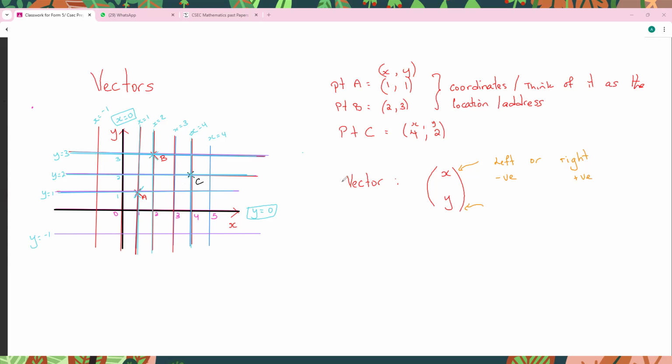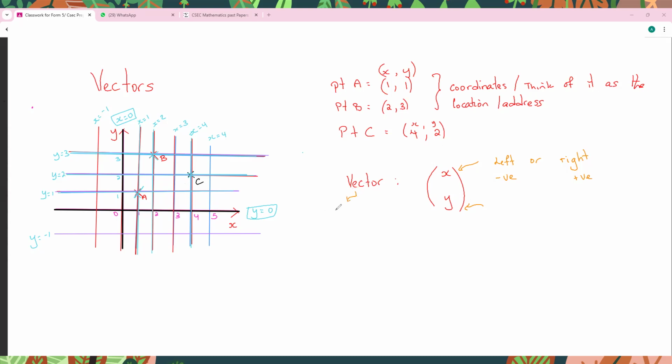The vector can be written as a column vector, right? Meaning where we put the x and the y in the form of a column. When it is in this position, the vector gives us instructions how to get from one point to another, right?